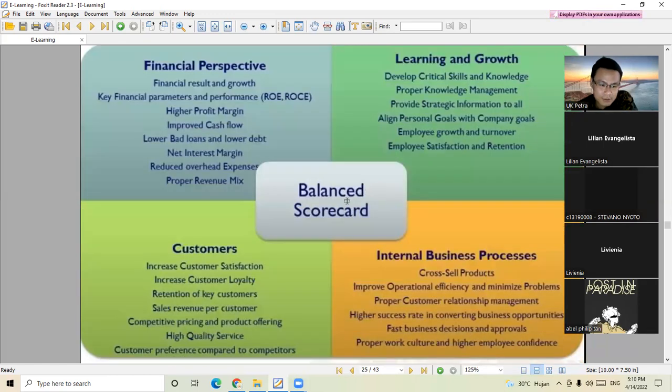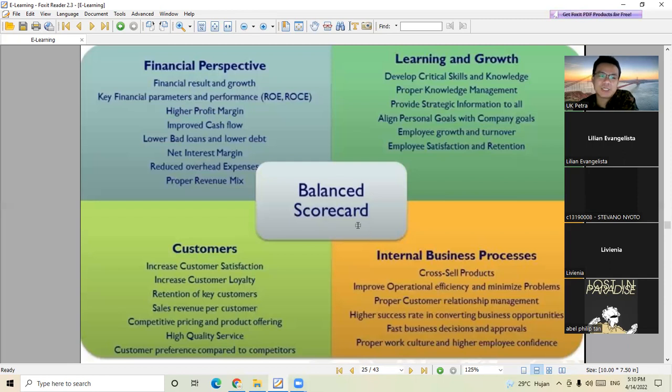This is the detailed information on the balanced scorecard. The balanced scorecard is divided into four perspectives. As we can see here, the financial perspective: anything related to money will be put here. Learning and growth: whether the company can learn and grow. We put it here, then the customers part, and the business process part. This is how the balanced scorecard works.